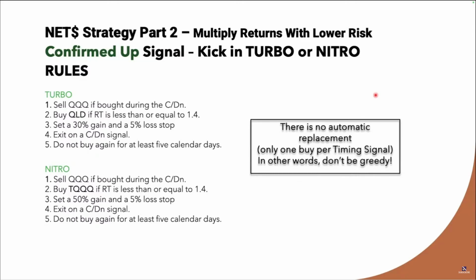That was maybe the second or third RT signal that had gone less than or equal to 1.4. And those would be later on in the confirmed up signal, and not something that I back tested, because I'm always looking for just the first one. So once I went into the trade, I get my gain, I'm out. If it goes to an RT less than or equal to 1.4 again, it's not going to buy.